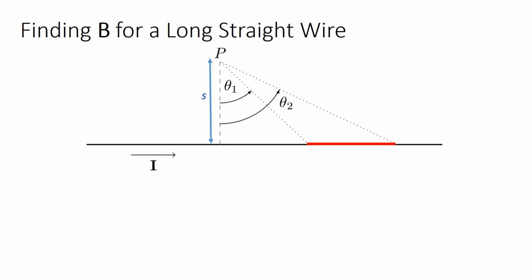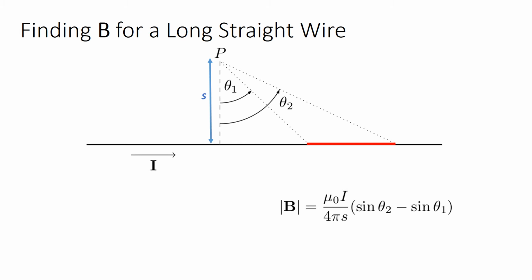The details of the integration can be found in Griffiths' Introduction to Electrodynamics, 4th edition, on page 227. The result is presented here. The magnitude of the magnetic field is mu0, the permeability of free space, times the current I, divided by 4 pi s, where s is the perpendicular distance of the field point to the wire.